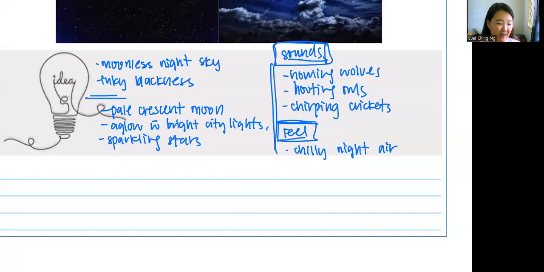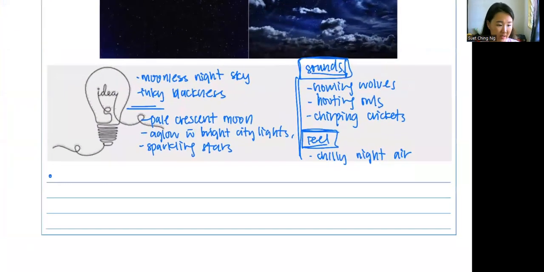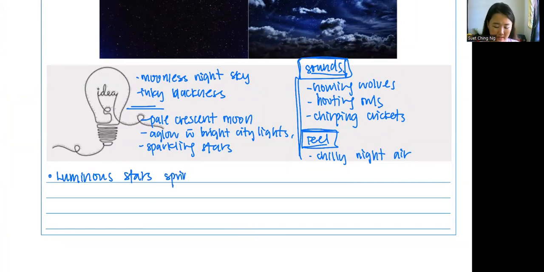Okay? Now, going through it, you have your paragraphs. Luminous stars sprinkled across the raven black sky.